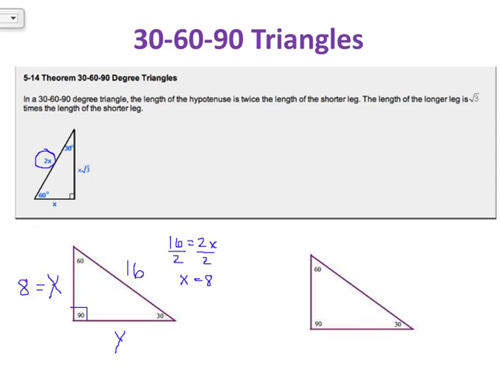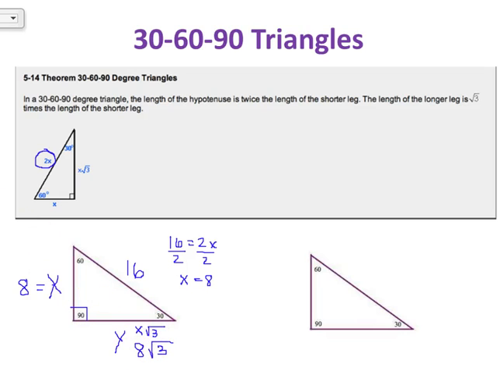Now we need to figure out this length here, the length between 90 and 30. Between 90 and 30, the formula tells us to take the value of x and multiply it by radical 3. Well, we found that x equals 8, so we take 8 times radical 3, which is 8 radical 3.